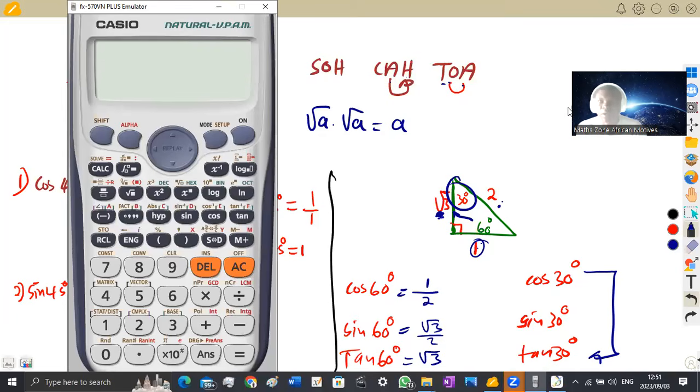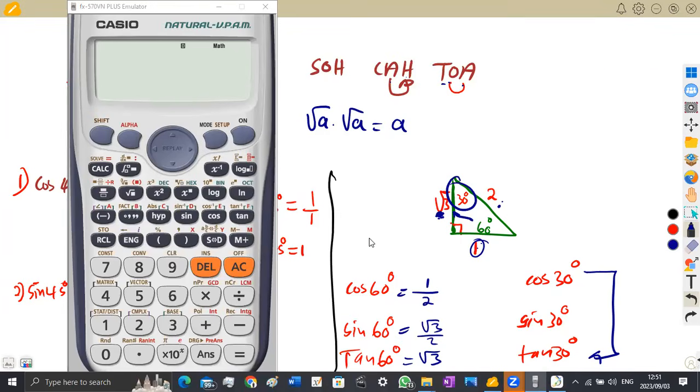Just take for example the tan of 60 degrees, which is going to be the square root of 3. We have the sine of 60 degrees, which is going to be square root of 3 over 2. So it's one and the same.